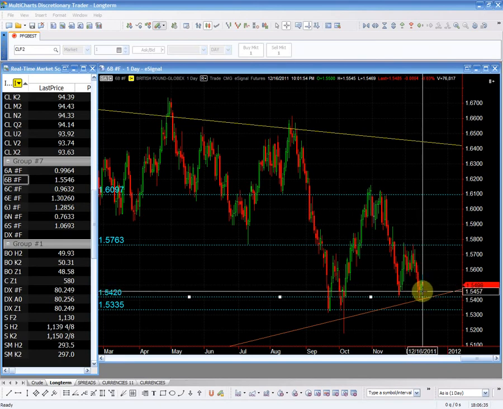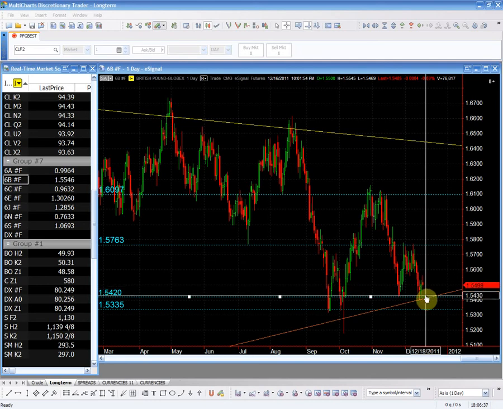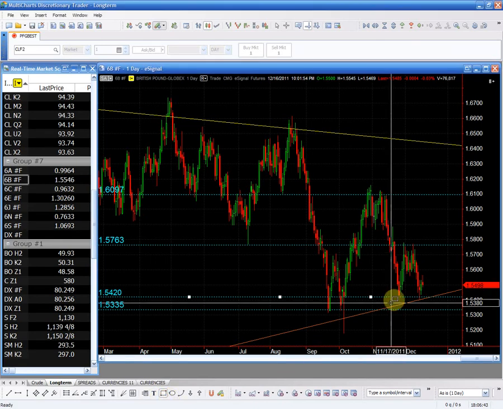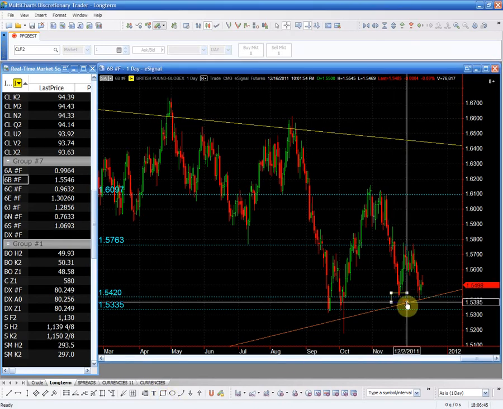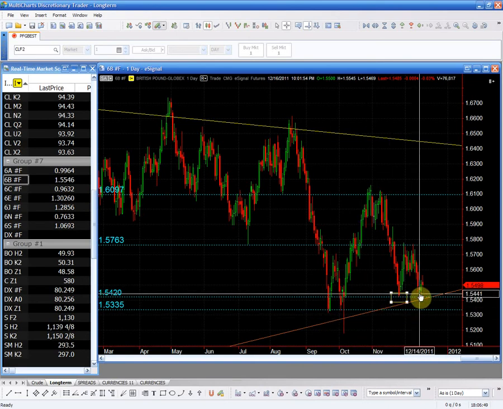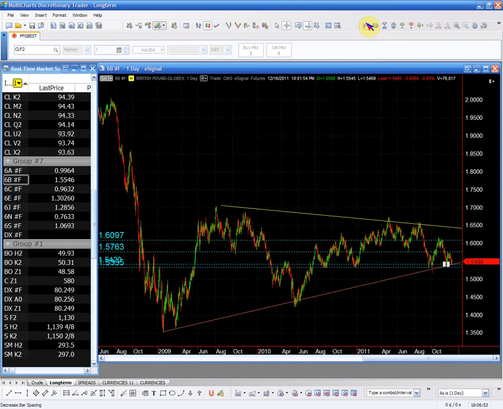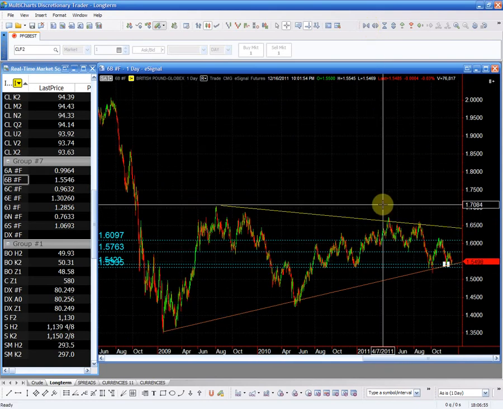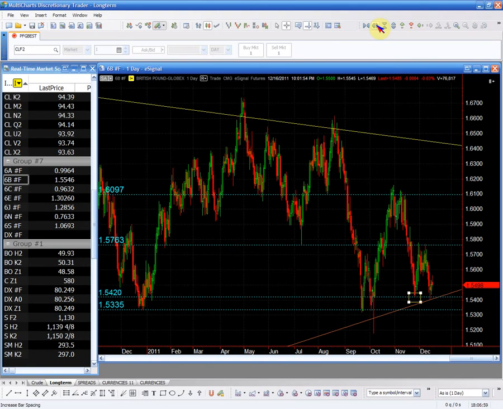we should be looking for the pound to sell off and test the 154.20, and of course a break on the 154.20 should lead us very nicely to a move further down. And if we do break here, we should be going much lower than the 153.35.